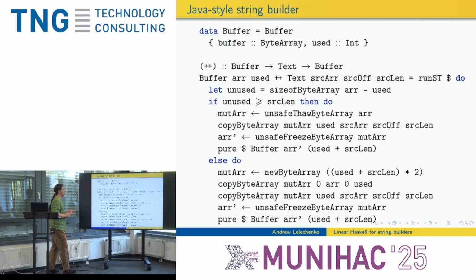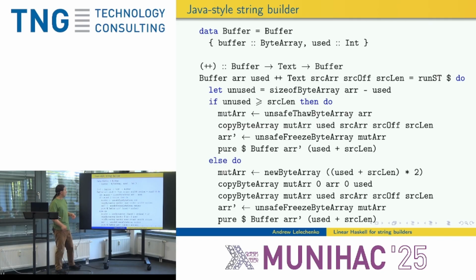And if you want me to concatenate things, I have my buffer, I have my text. As we discussed previously, text is represented internally as another byte array, offset, and length after that offset.